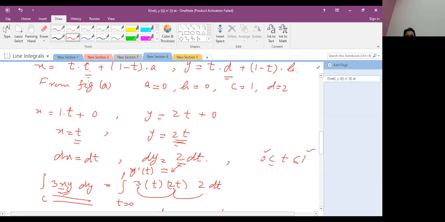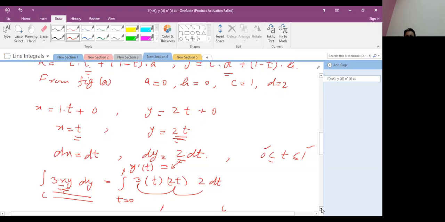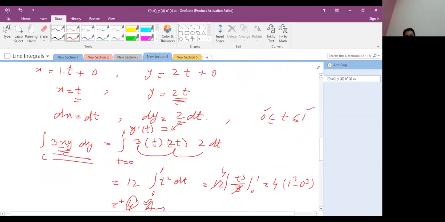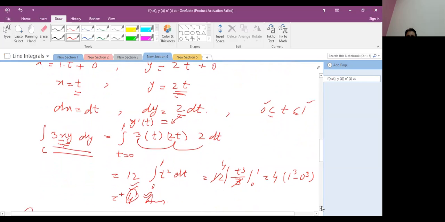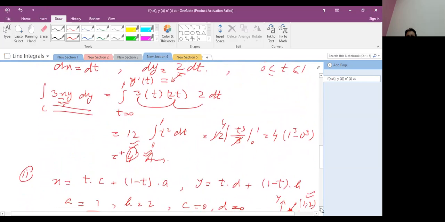Multiplying together, the answer is 12, and t multiplying by t is t square. In the next step, we integrate with respect to t, and after applying the upper and lower limits, the answer is plus 4 for the first direction.